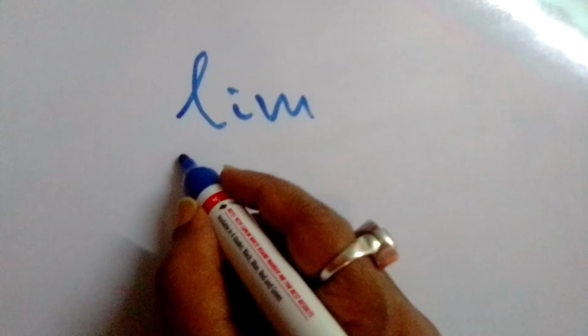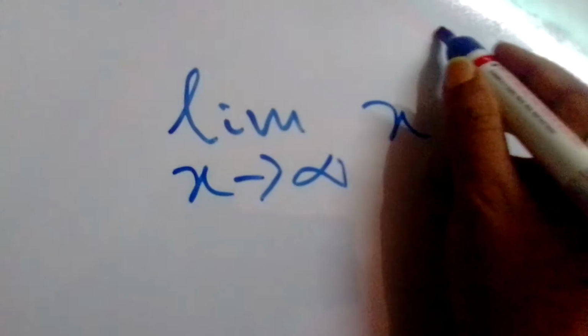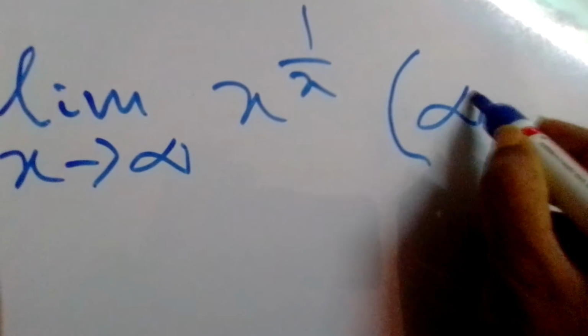Suppose we consider the limit as x tending to infinity of x to the power 1 by x. If we look at this type of situation, certainly it will be infinity to the power 0. Then how to solve this result?